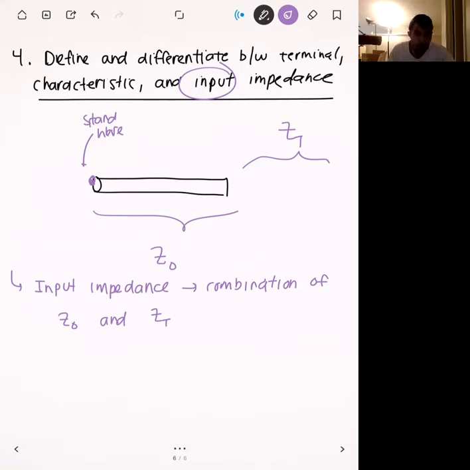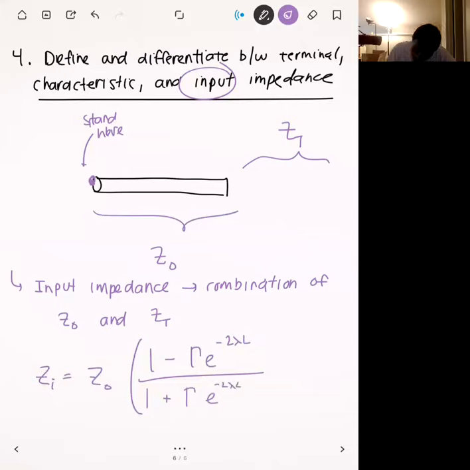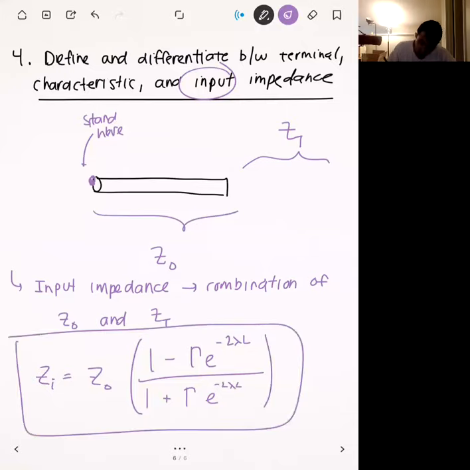And so the formula for it is given by Zi, and this is equal to Z0 times 1 minus the reflection coefficient times e to the minus 2 lambda L, divided by 1 plus gamma e to the minus 2 lambda L. You can see this formula takes both of those things into account.